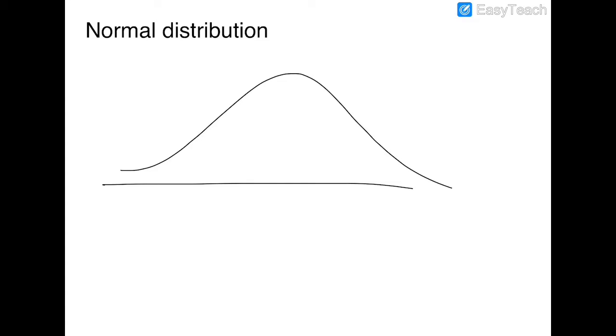In the middle of that distribution, we're going to have the mean, which we're going to represent with the letter mu. And the other important thing that we're going to take into account is the standard deviation, which we're going to represent with the letter sigma.